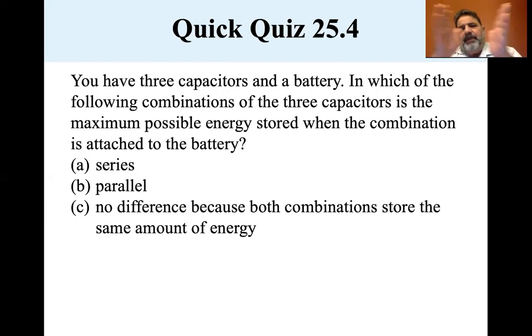And if you put them in parallel, the voltage across each one is the same. So you can actually maximize the energy stored if you have them in parallel. So that's the answer to that question.